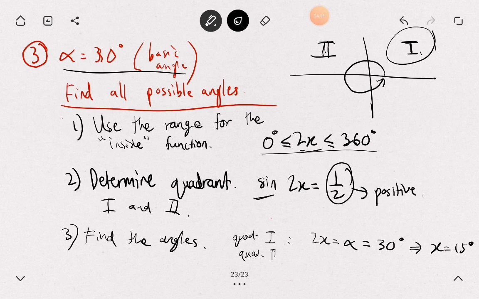Quadrant 2, how do you do it? 2x equals to, so what is the quadrant 2 angle for this?